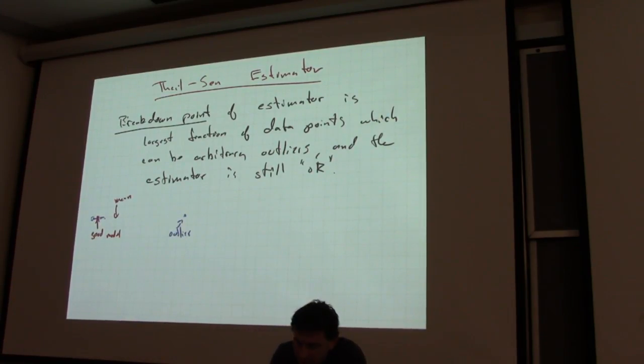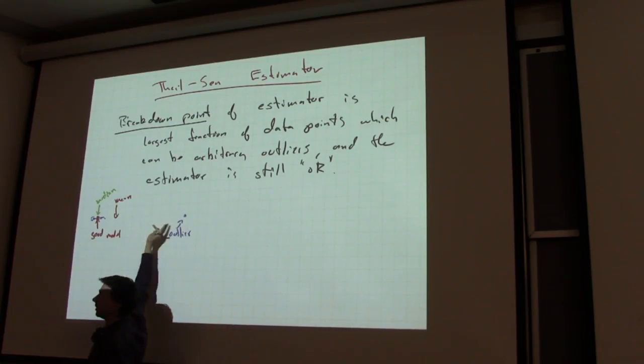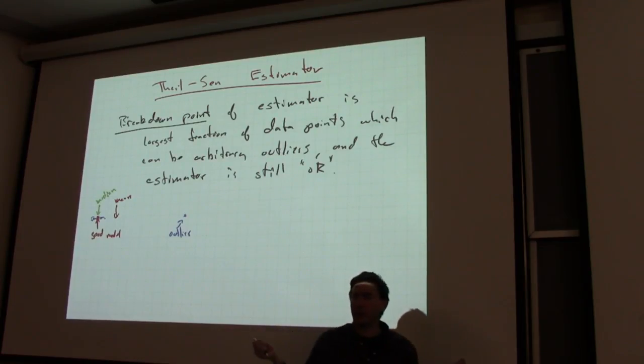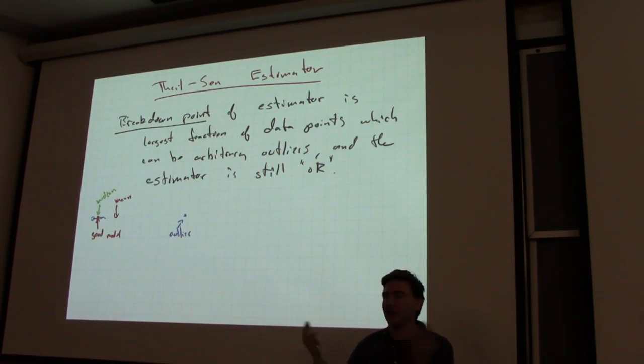Whereas if instead I took the median of the data set, it's still going to be in here. One outlier can't pull it arbitrarily far away. So the mean has a breakdown point of, basically, it doesn't have a well-defined one. It basically goes to 0.